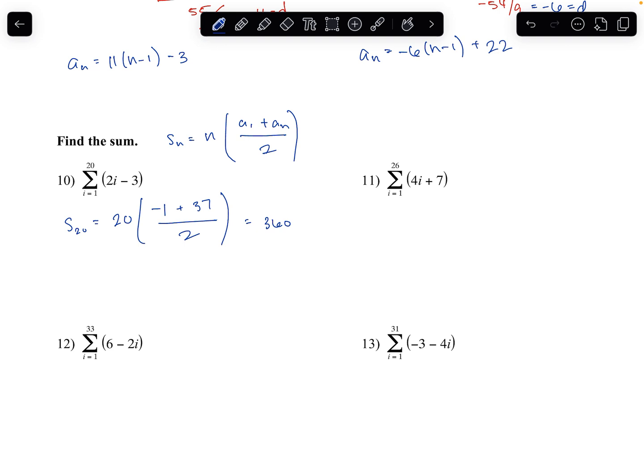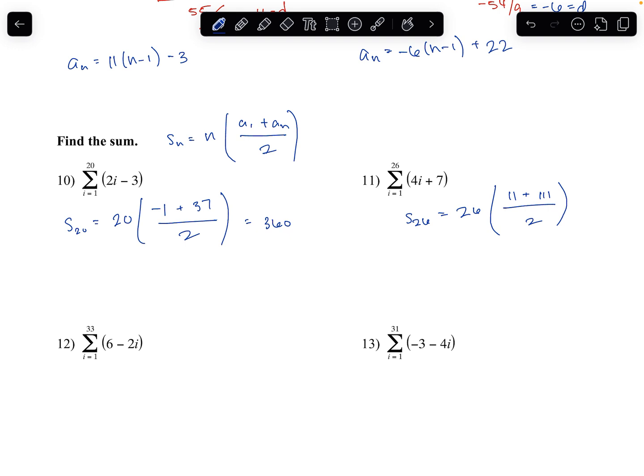For this one right here, we have 26 terms, so S sub 26 is going to be equal to 26 times the first term. If I plug in 1, I'm going to get 4 plus 7, which is 11. And then plus the last term, the 26th term, so 4 times 26, and then add 7. That's going to be 111, all over 2.